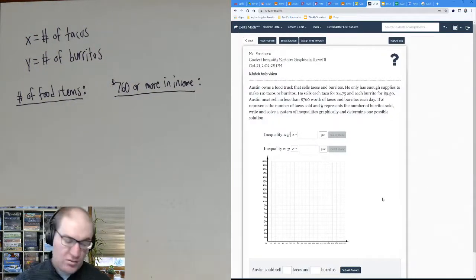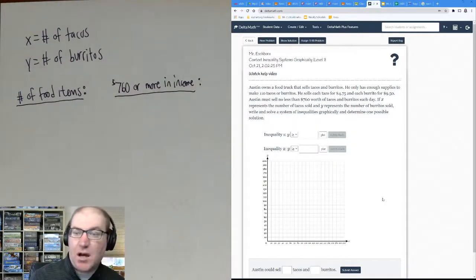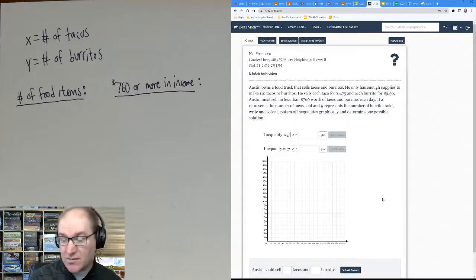All right, so let's deal with the food items first. He can make up to 110 tacos or burritos. He has enough supplies to make 0 tacos and burritos, 10, 50, 75, 100. He can make up to 110 tacos and burritos.